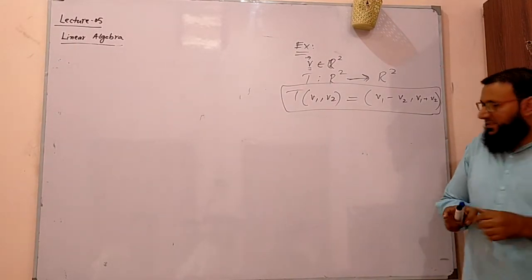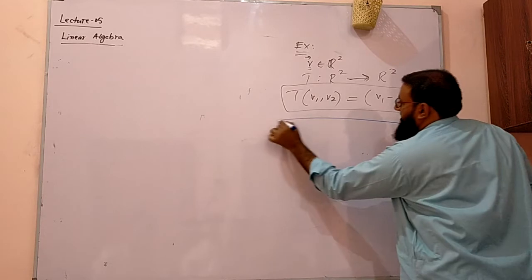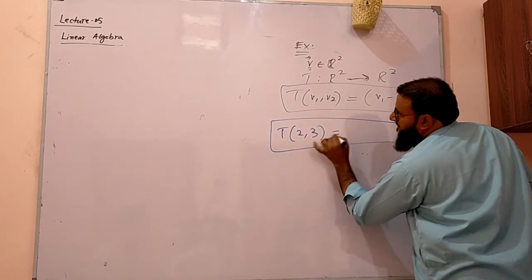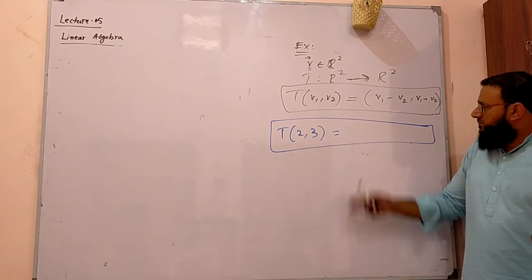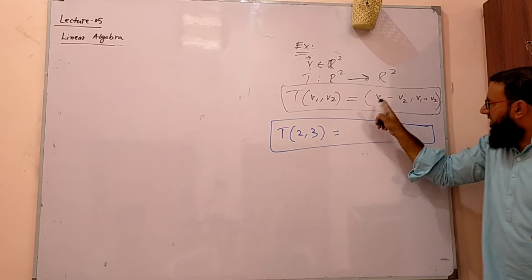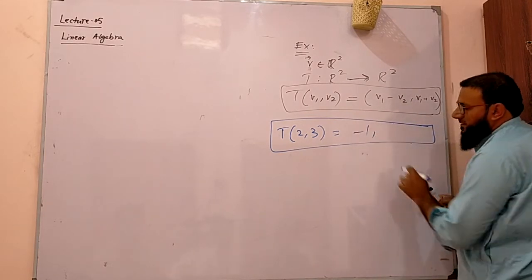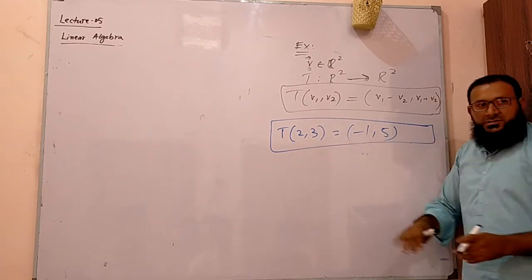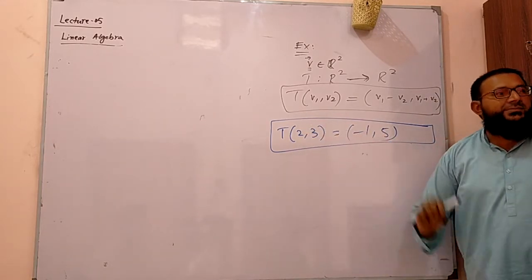It's very easy. First thing is, let us check something. What is the linear transformation of (2, 3)? You just put here: first component 2, second component 3. 2 minus 3, 2 plus 3. Okay. Keep it here. Leave this thing. Let us find the matrix.